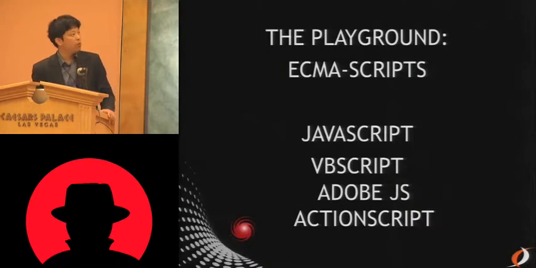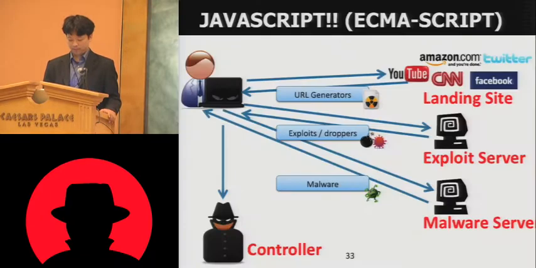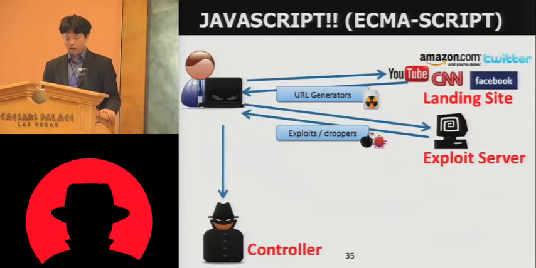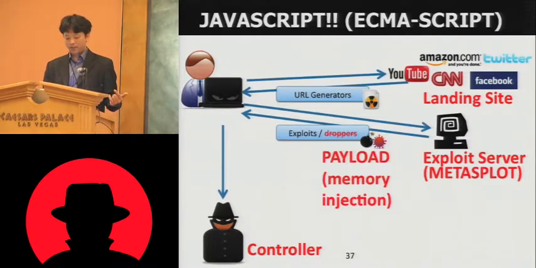And JavaScript-based languages are also very, very hard to analyze compared to PE. And so here the playground is ECMA scripts, which include JavaScript, VBScript, Adobe JS, and ActionScript. And so we want to skip this last step and want to use Metasploit to serve payload in the form of memory injection, for example, Meterpreter.